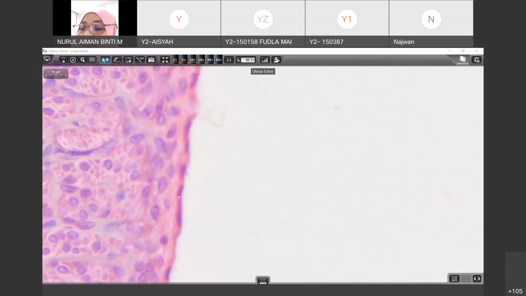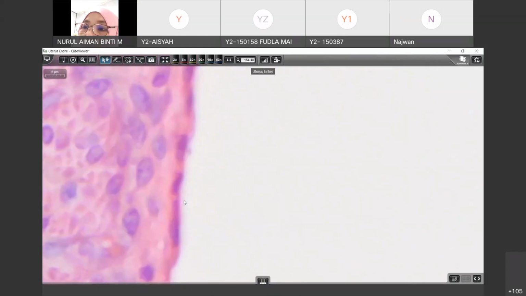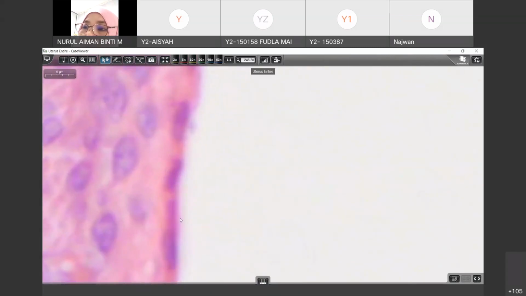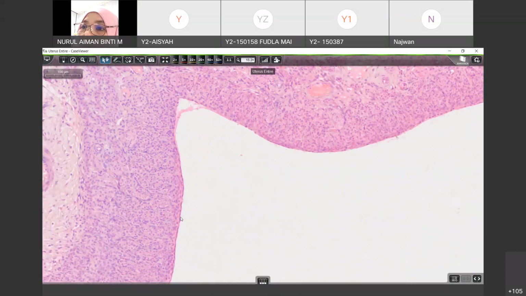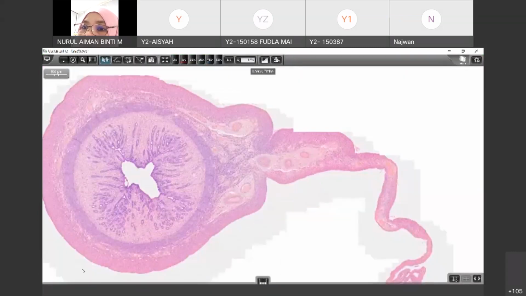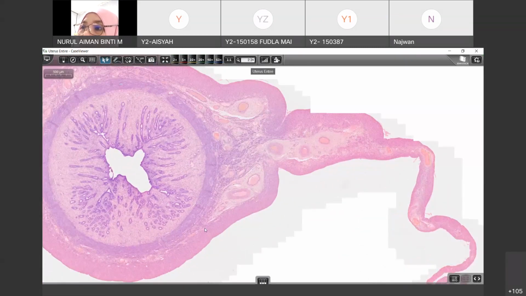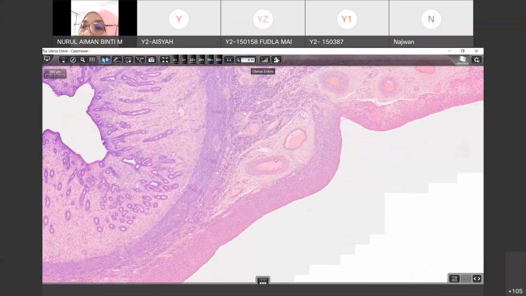So the simple squamous epithelium here is mesothelium, which covers almost the entire perimetrium of the cervical region. So this is the perimetrium. You can see a lot of blood vessels in between the muscularis layer, the myometrium and the perimetrium here.